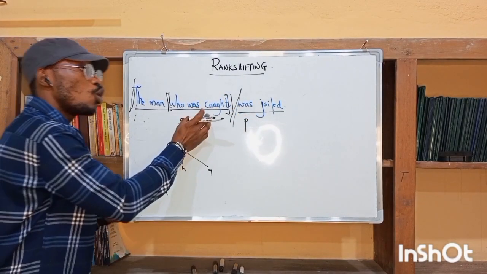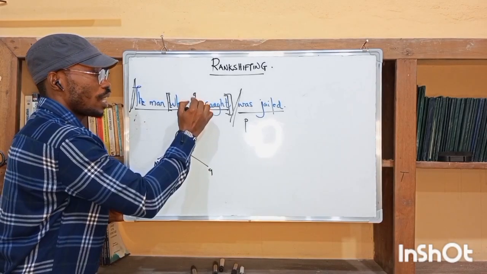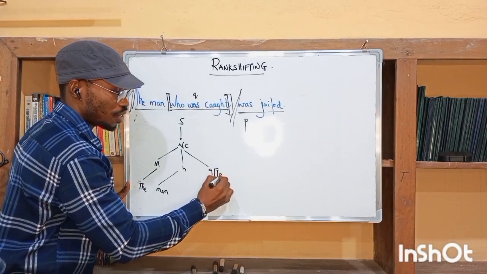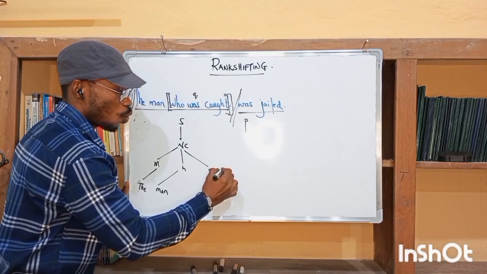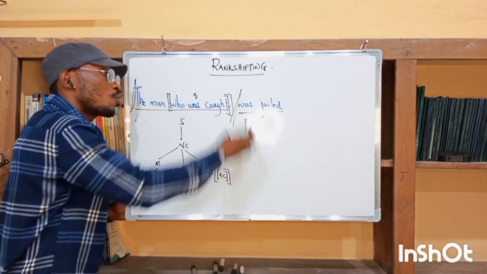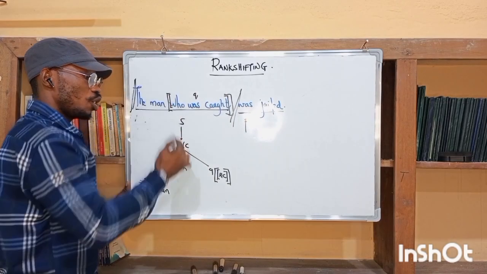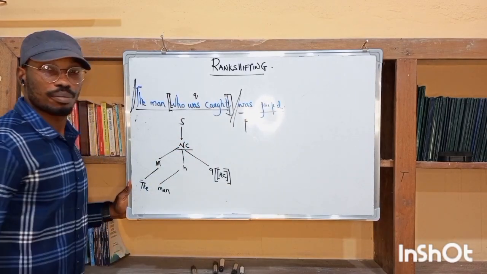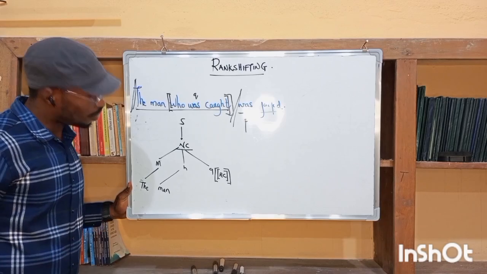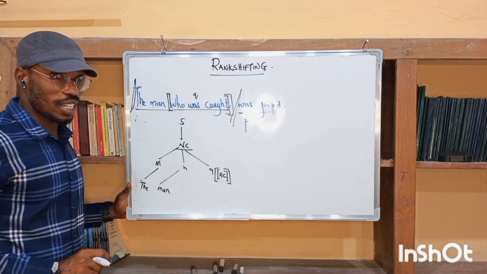Therefore, who was caught, which is the qualifier element here, is treated as a rank shifted clause. Why? Because it is a clause that operates within the larger nominal clause. Did you get that? It is quite easy to identify.